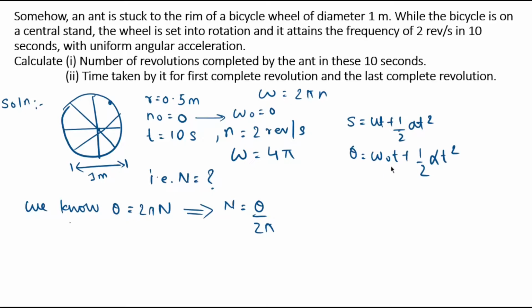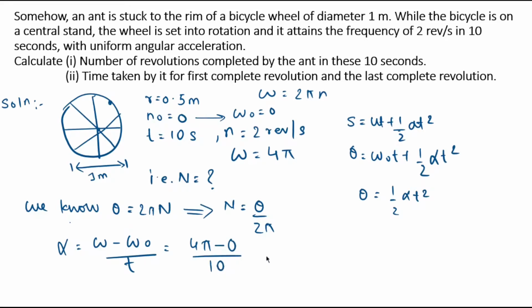Now omega naught t is 0, so theta will be half alpha t square. We know t is 10 seconds, but we need to calculate alpha. Alpha is omega minus omega naught upon t. So omega is 4 pi minus omega naught, which is 0, upon t, which is 10 seconds, which gives alpha as 4 pi by 10, or more precisely 2 pi by 5.